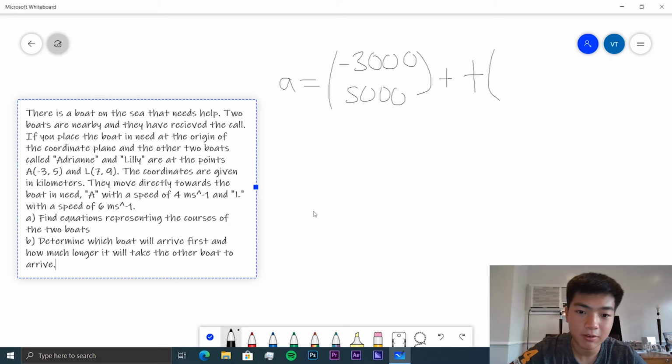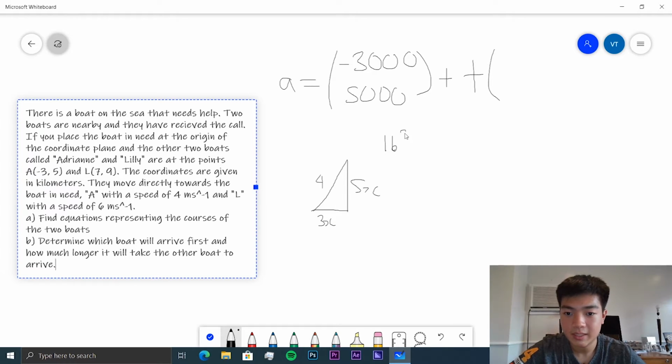So how do we find how fast it will move? It will move along a triangle with ratio of sides 3 to 5, so 3x, 5x, and then we know the hypotenuse is 4.